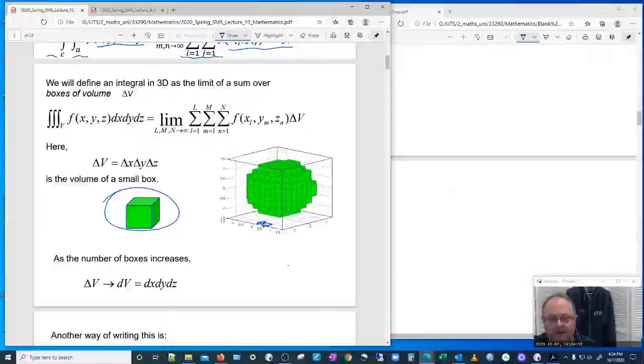The boxes are the elements of integration for a triple integral. So our change in volume is not just x and y, it's also z. And so the Riemann integral looks a bit more complicated, but I think you're getting the gist of how these things are put together. So we've got x there, this one was y, and the vertical one's z.